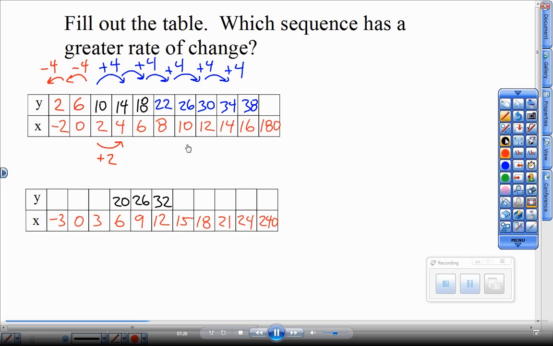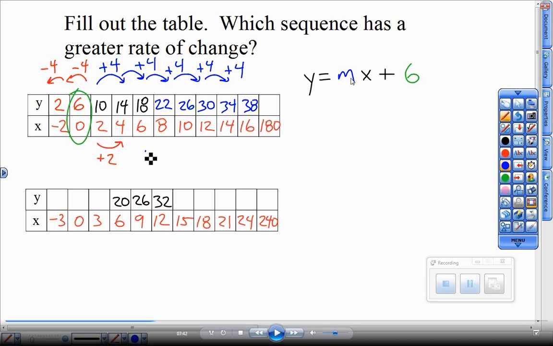Now for this problem, I can't just put 4 in front of x. 4 is not my complete rate of change. I need to now use that x number in there for my rate of change. I do have my y-intercept though. My y-intercept is always the number for y when x is 0.